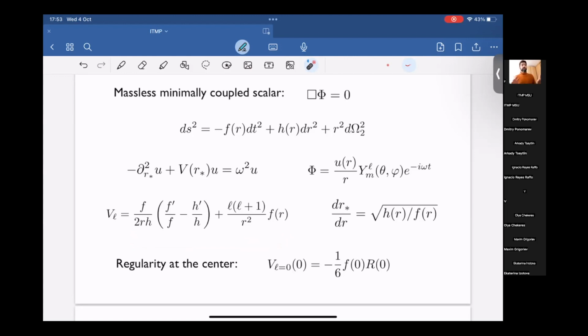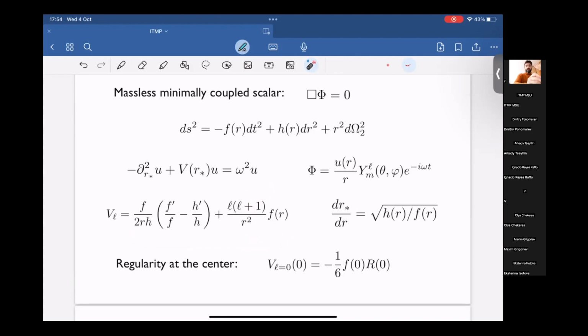But fortunately, or miraculously, there is one particular point of the spacetime where we can actually evaluate this potential, which is if I consider only the S wave, so I put the angular momentum to 0, this term drops, so I can evaluate it at the origin, r equals 0.